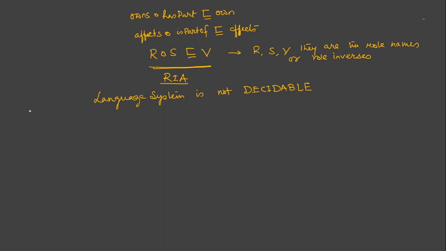So our task would be to restrict the forms of RIAs to ensure decidability. Let us take the first step towards ensuring decidability.